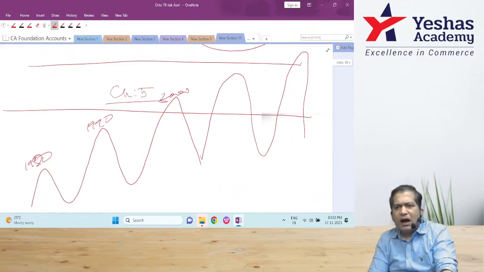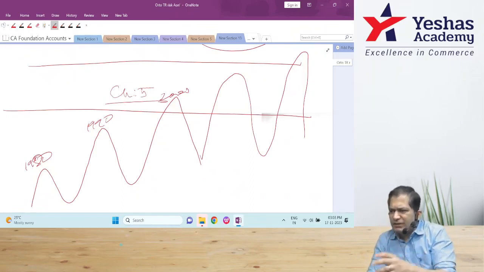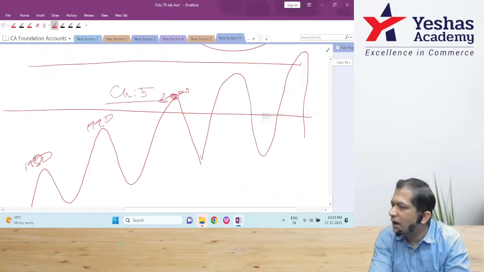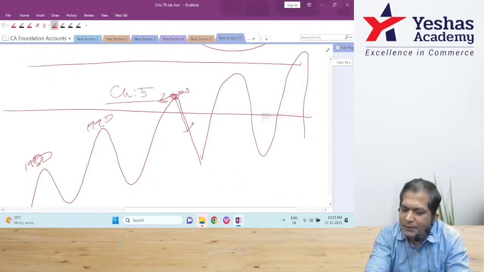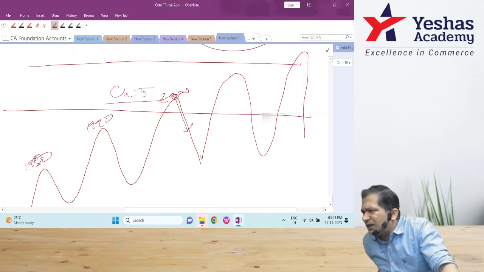That's why understanding the business cycle is very important. Because if I'm a businessman and start a business, the business is good, but at the wrong time. I started the business when the economy was at the peak, and then the economic downfall happened. For 5 years, my sales will be affected adversely. In 5 years, I'll go bankrupt.